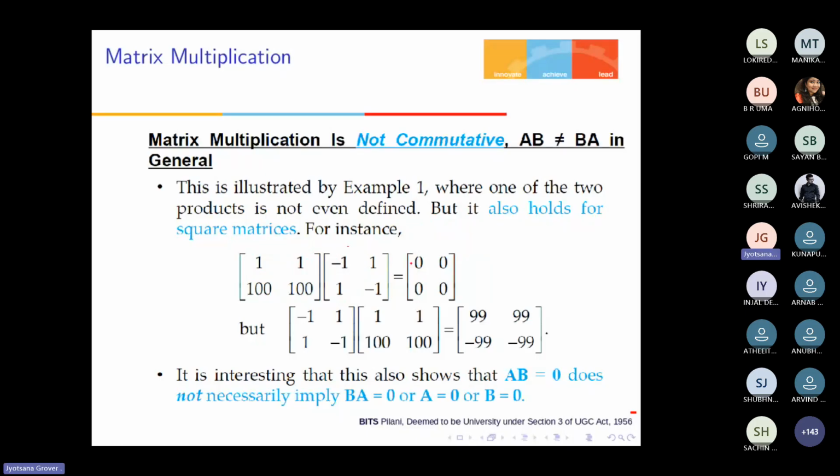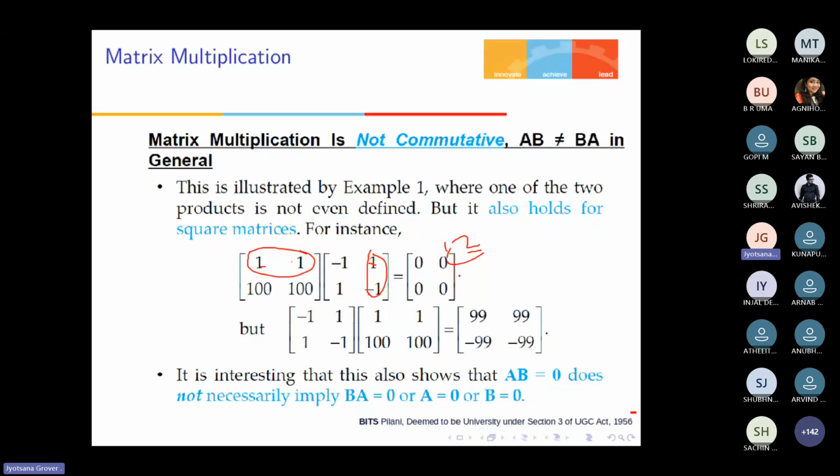This 2 means take the second column. So this is 1 into 1 plus 1 into minus 1, so this is 0.